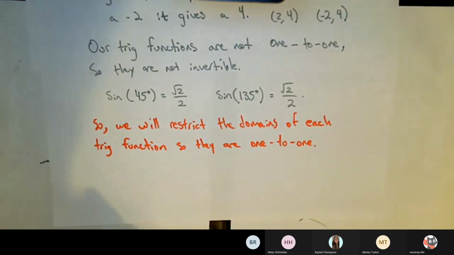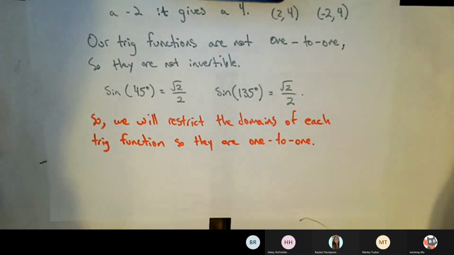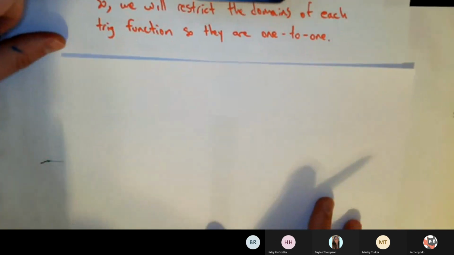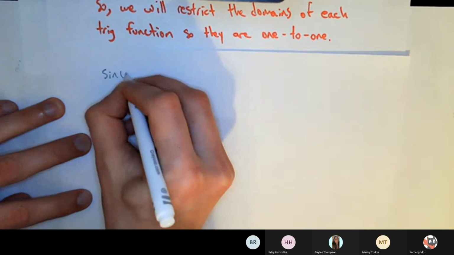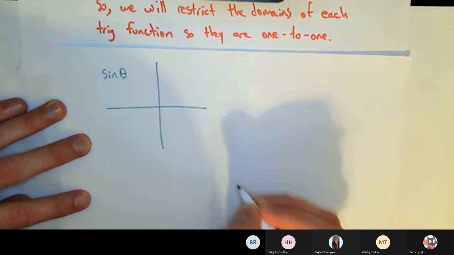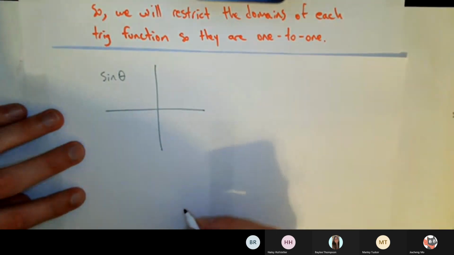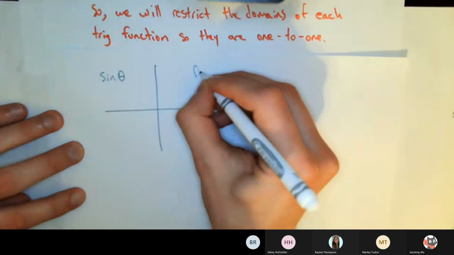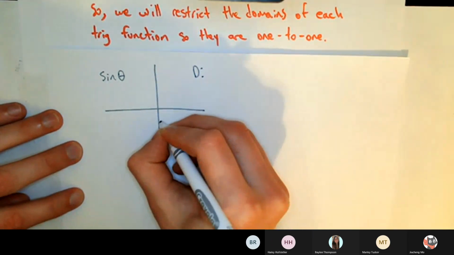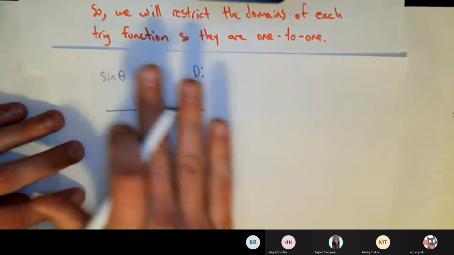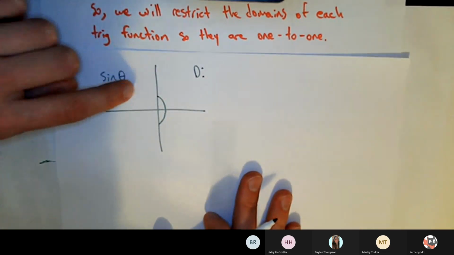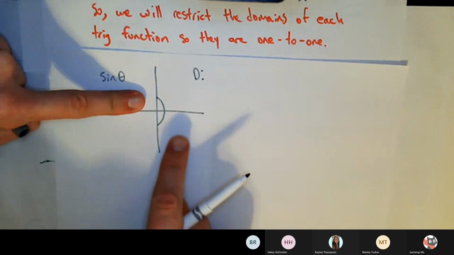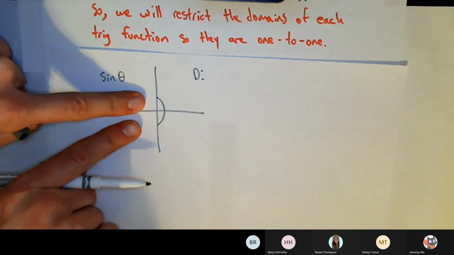And here's the picture of the domains. Sine of theta is going to be restricted to the first and fourth quadrants. It's going to have a new restricted domain from here to here. So this gets rid of, you know how sine is positive here and here, so we don't want this quadrant, and sine is negative here and here, so we don't want this one.